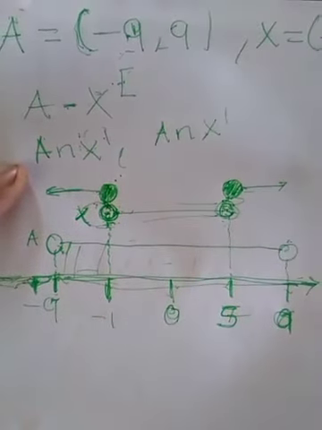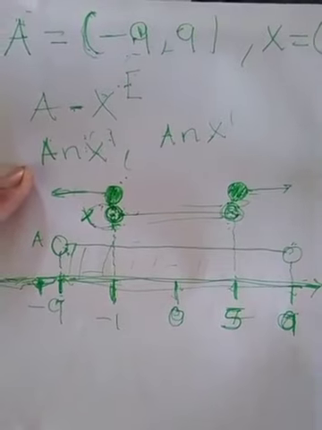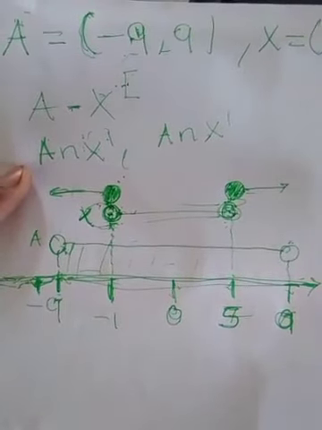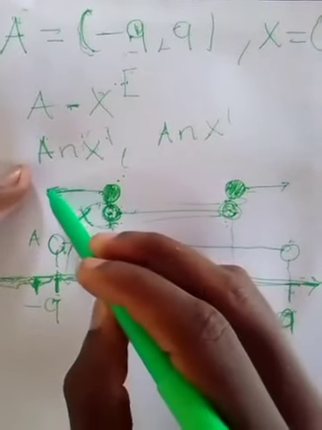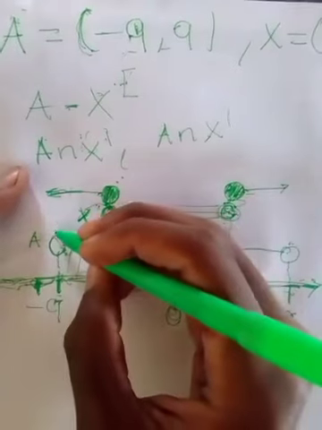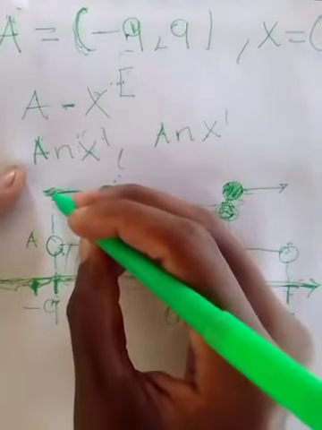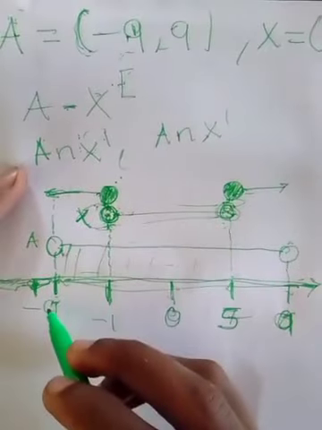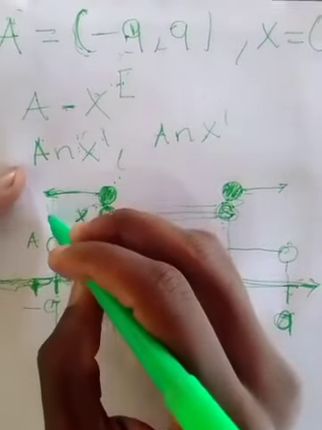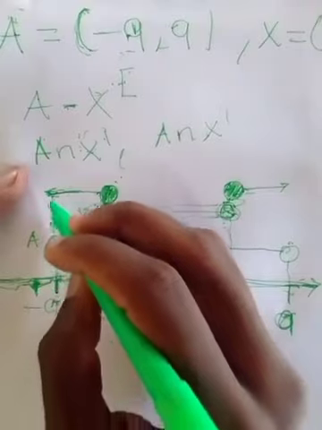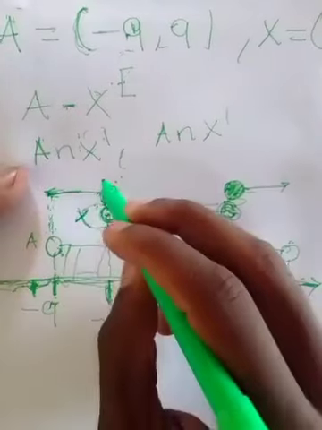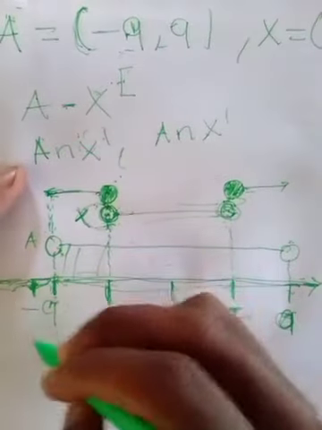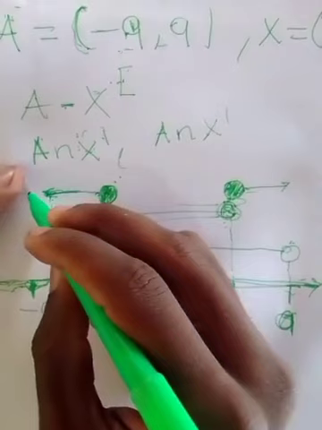Now always remember this: if you have a universal set in the question, it means that whatever you are plotting will end where the universal set is starting from. Okay, in our case, it's starting from -9. So the complement of X is starting from A up to A. If there was no universal set, it would have gone to infinity.